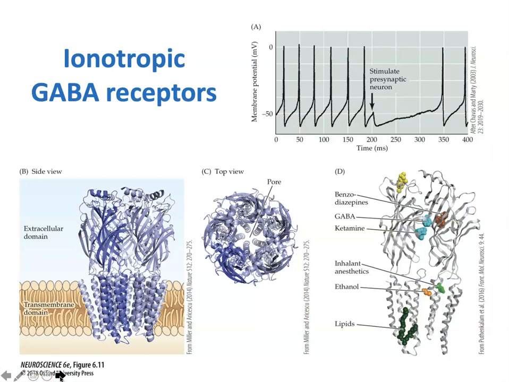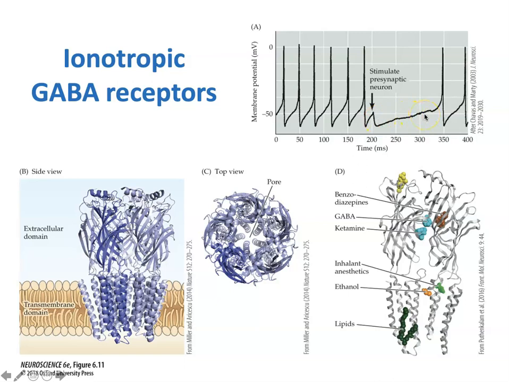This is the figure that's found in your book, so you can see that whenever we stimulate the presynaptic neuron, you do actually get an inhibitory response, and then you can have the activity return after that synapse has completed its binding of GABA to the receptor, but binding of GABA to the receptor results in the influx of a negative ion, and that will reduce the ability for you to elicit another action potential at that synapse until the GABA has cleared out.